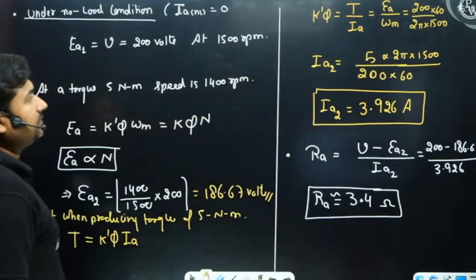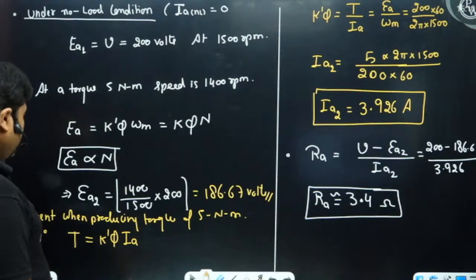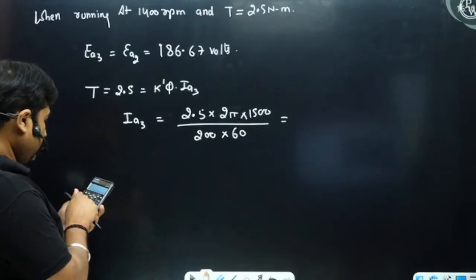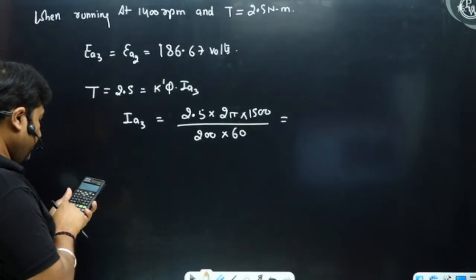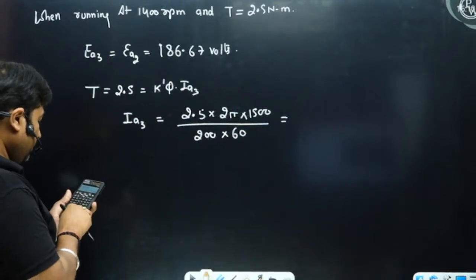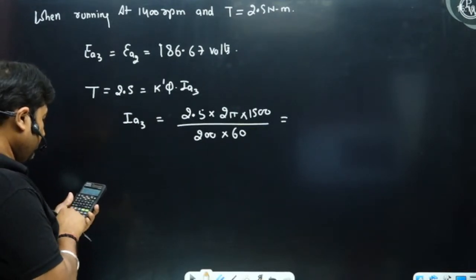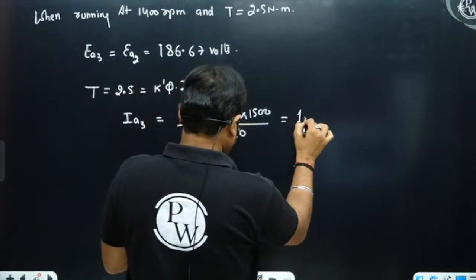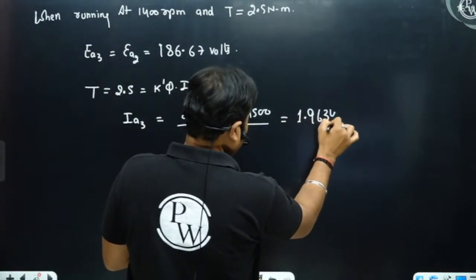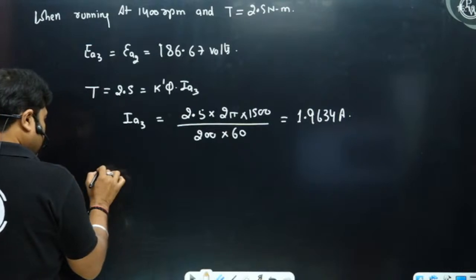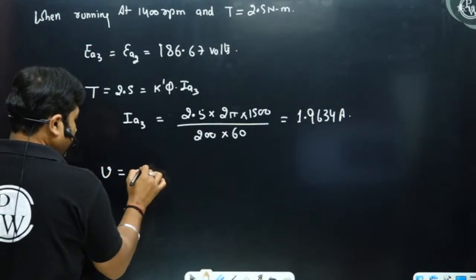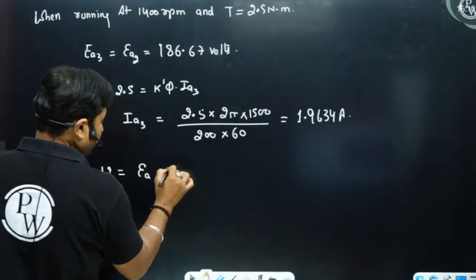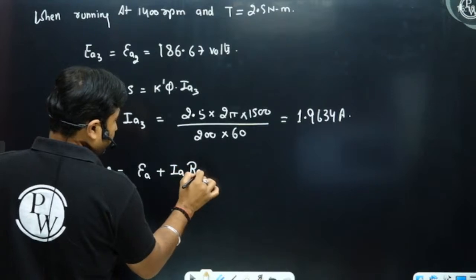So 2 pi into 1500 into 2.5 divided by 200 divided by 60. New current is 1.9634 ampere, and your voltage needed will be equal to EA plus IA RA.